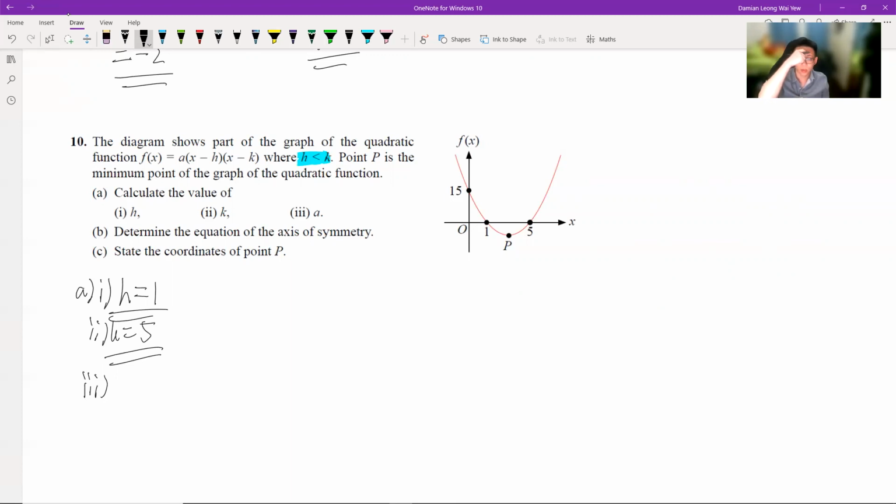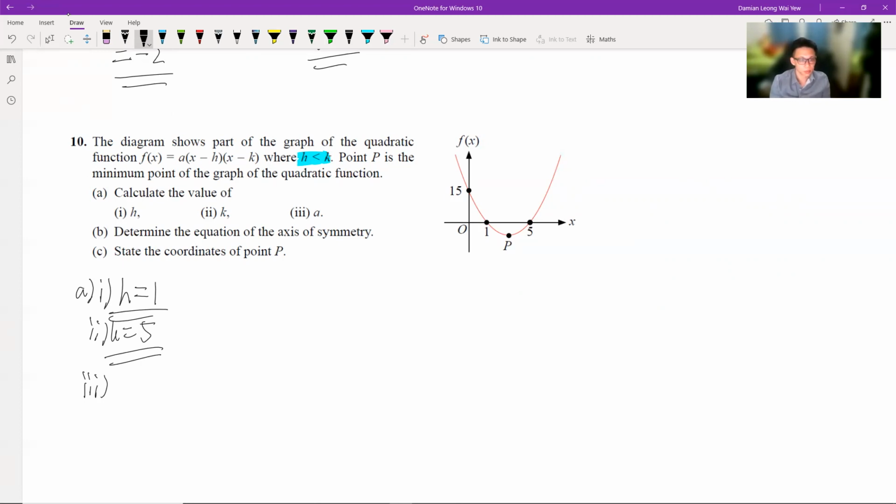So I can substitute the y-intercept. Yeah, I can actually substitute the y-intercept here.